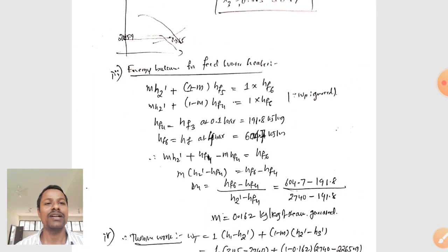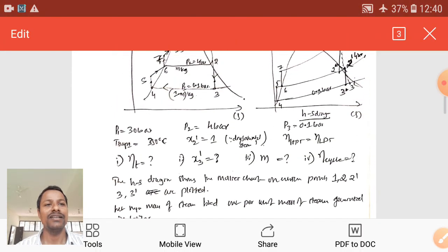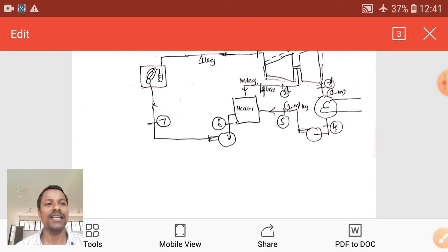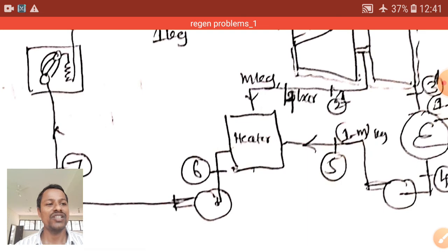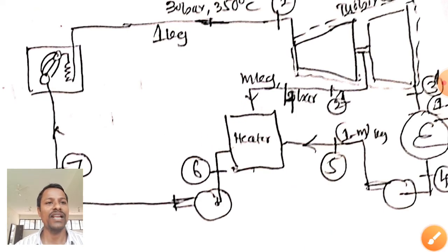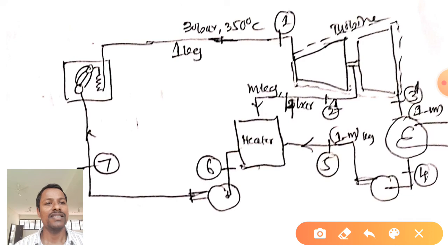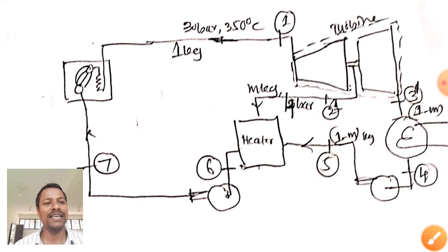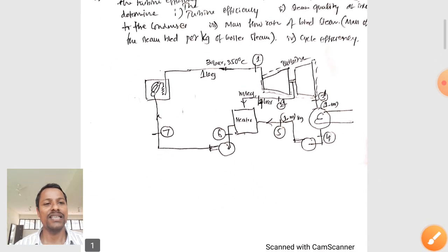In the feed water heater, since this is the actual cycle, we have H2 dash at the inlet here, and here again I have HF5 at the inlet with 1 minus m kg, and here I have HF6 or H6 simply. For this device we need to apply the energy balance equation.